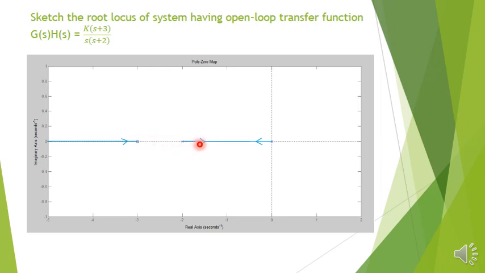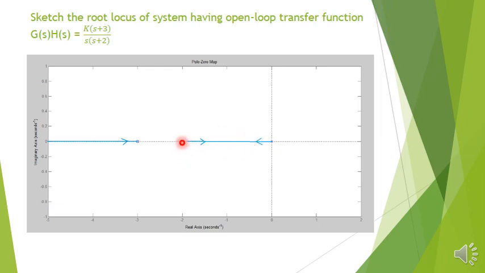So based on rule number 3, the real axis is a part of the root locus. Between 0 and minus 2, if I consider any point, to the right one pole is existing, that is an odd number. So between 0 and minus 2 is a part of the root locus.